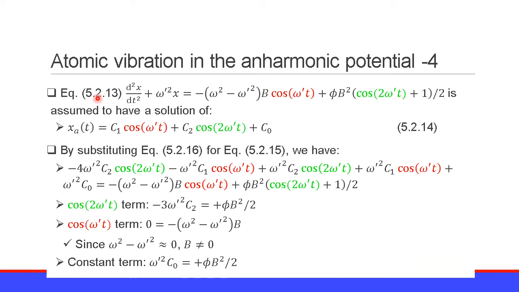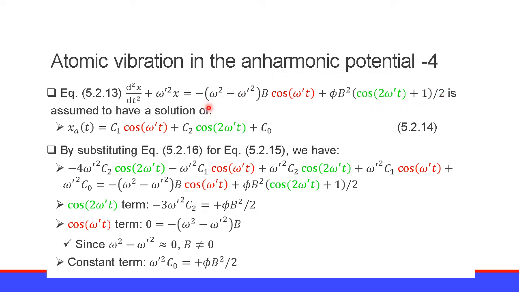Equation 5-13: the second derivative of x with respect to time plus omega prime squared x is equal to minus omega squared minus omega prime squared b cosine omega prime t plus phi b squared times cosine 2 omega prime t plus 1 over 2.